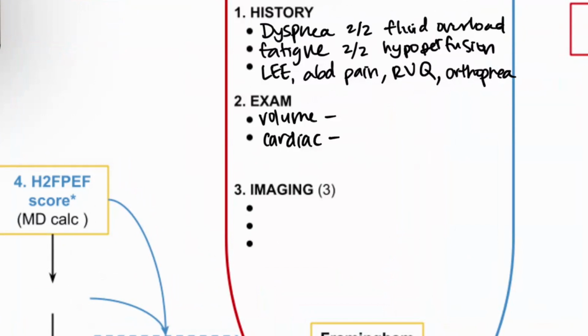So from head to toe, the volume exam I'm thinking about would be fluid around the lungs, which could manifest as a pleural effusion. It can manifest as rales on exam. And then it can have lower extremity edema as well as JVD.